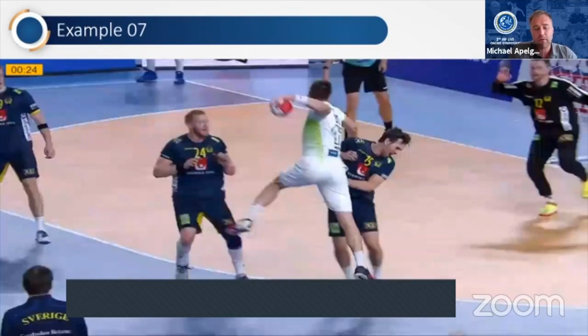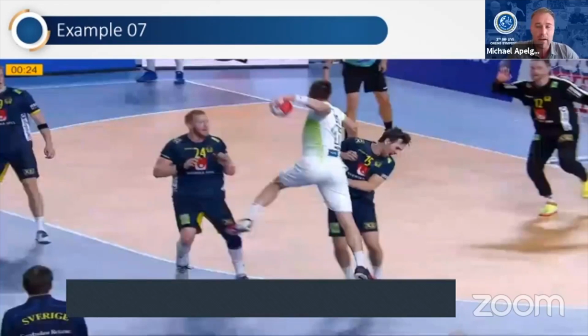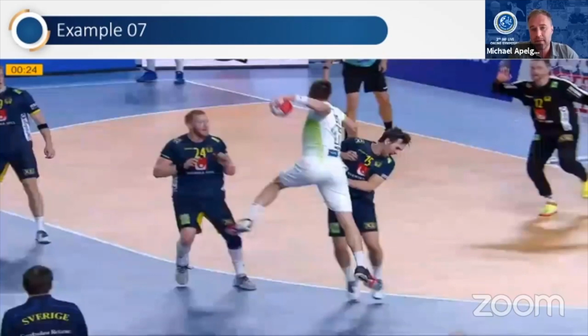What is difficult when you come as right back here, with all the speed that you have, is to be strong enough in your legs to do this jump a little bit sideways. That is what I'm talking about here. And when he's doing that, he puts the defender in problems, and therefore I think it's a good tactical small detail that he's doing here.